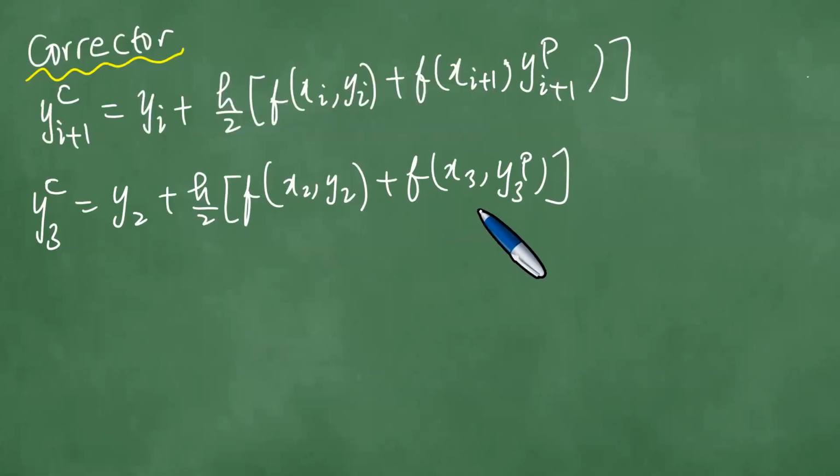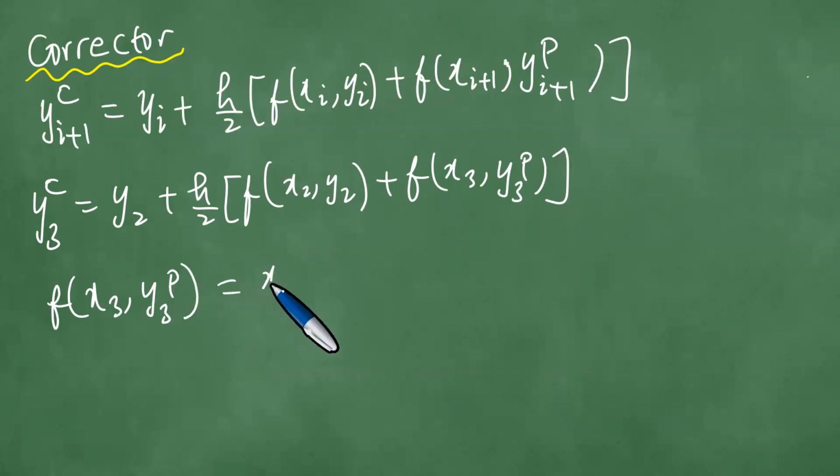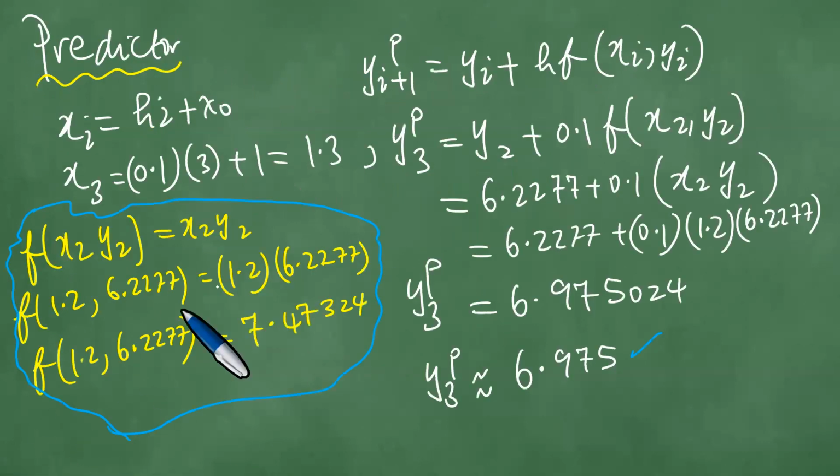For the sake of this part of the formula, we need to use the differential equation to get x3, y3 predictor, which we're going to use in the corrector formula.